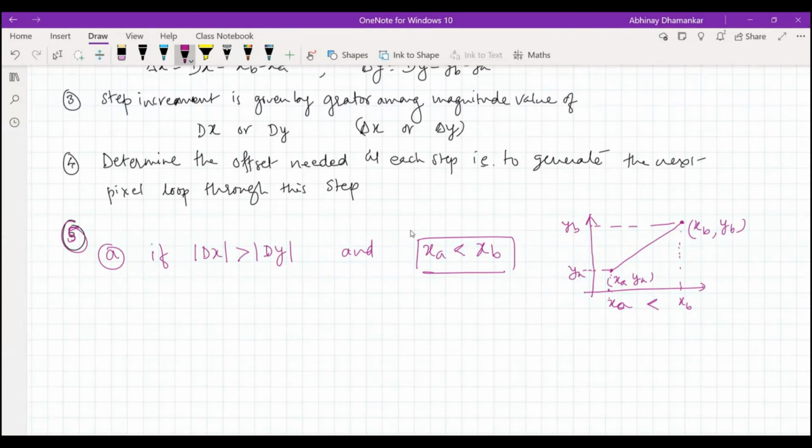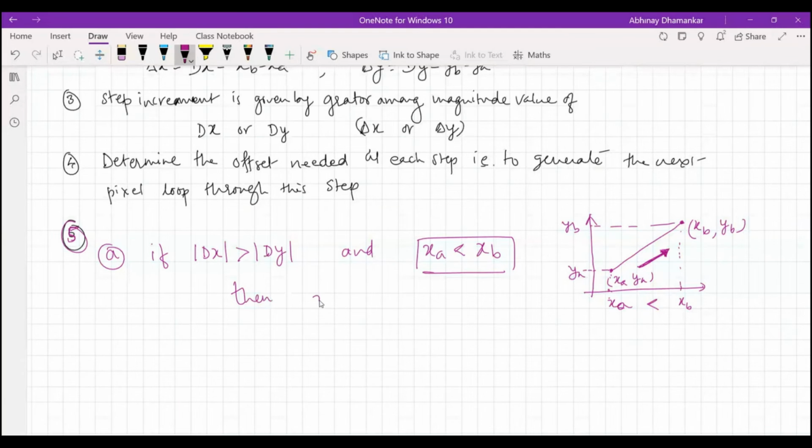xa less than xb. So definitely ये point नीचे है, ये point ऊपर है. So in this case we are drawing the line from here to here in this direction, isn't it? ये arrow draw करो यहाँ पे. नीचे से ऊपर ड्रॉ कर रहे हैं, तो दैट केस में ये ऑलरेडी हमने देखा हुआ है.